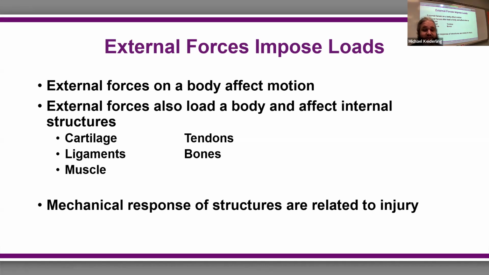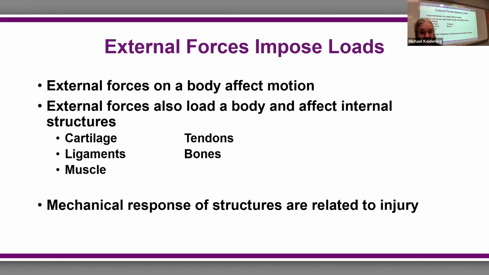So, external forces impose loads. External forces on a body will affect your motion, and they also load a body and affect internal structures. So when an external force is applied to the body, you have some load or force on the internal structures of the body. These are things like cartilage, tendons, ligaments, bones, and muscle.